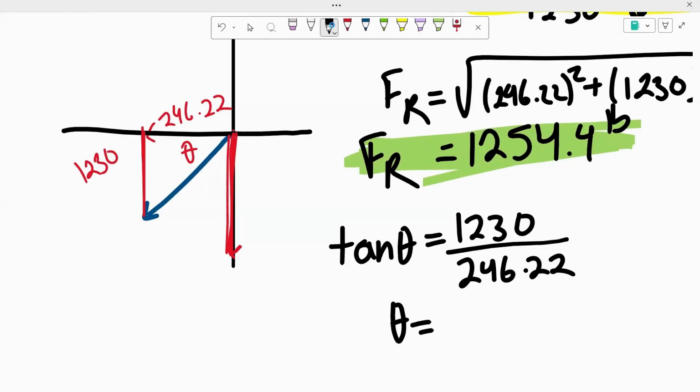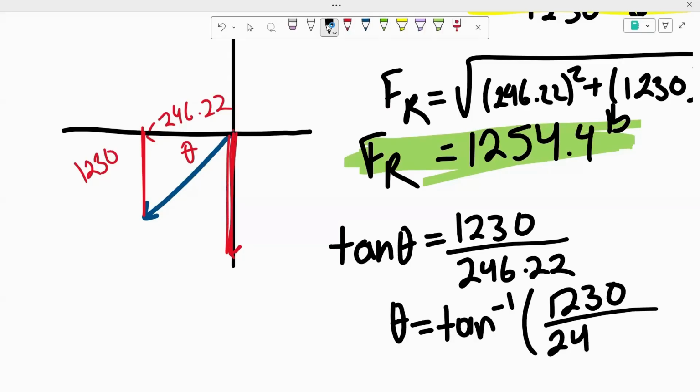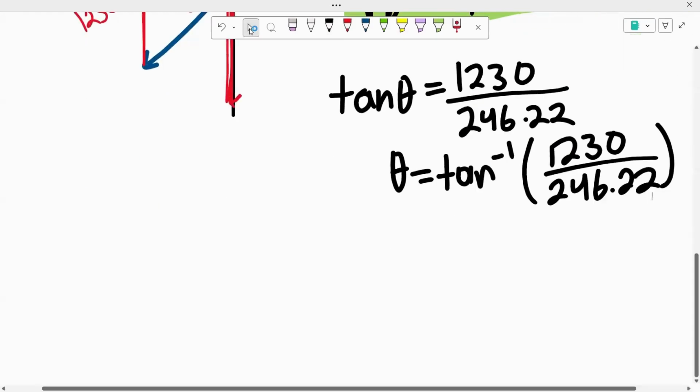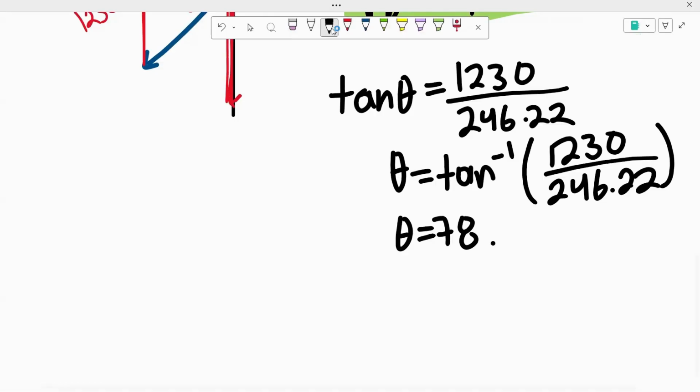So theta is equal to the tangent inverse of 1,230 over 246.22 pounds. And we're going to put that into our calculator. Make sure your calculator is in degrees and not radians. And that should give you a total of 78.68 degrees, but we're not done there.